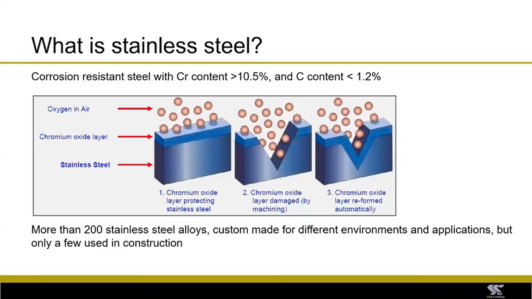If you damage the surface of the steel by scratching or whatever, then the chromium oxide reforms instantaneously. And that's what makes stainless steel protected from corrosion.